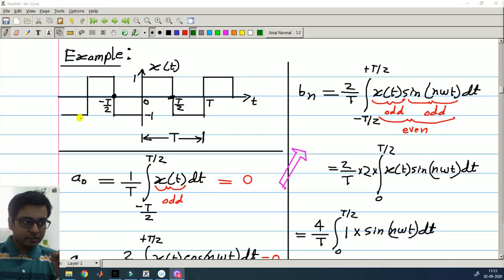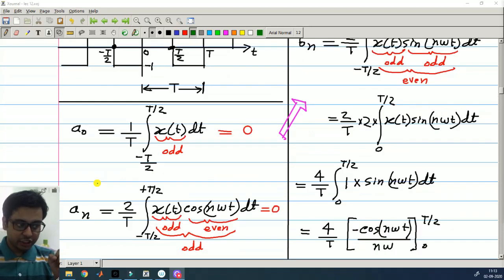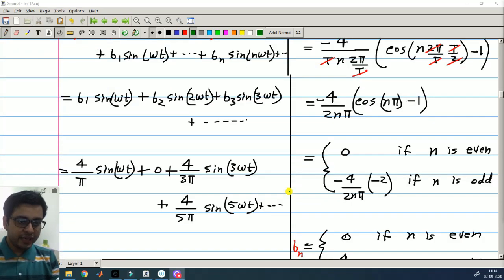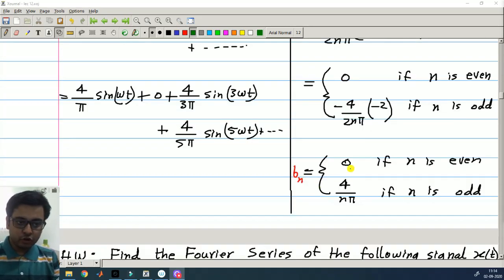Now, in the previous example of a square wave, when we calculated these coefficients a0, an, bn, we saw that most of them are 0. All an and a0 are 0, and also bn is 0 whenever n is even.